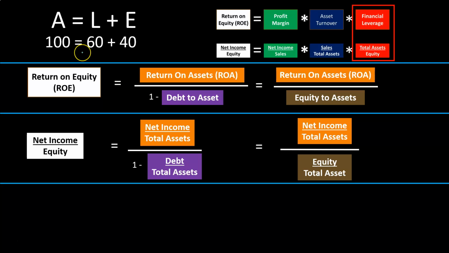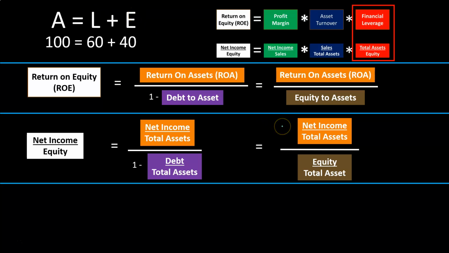So if you know the liabilities to assets, then 1 minus, or 100% minus 60%, would be the 40%. So therefore, if you know the debt compared to total assets, which is a common ratio we would use, we also know the equity compared to the total assets, because the assets, what the company has, is financed either through debt, liabilities, or equity.